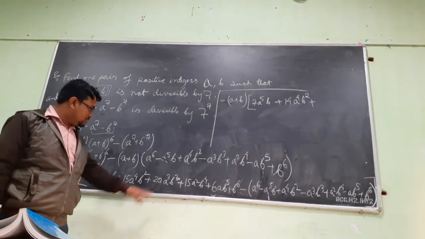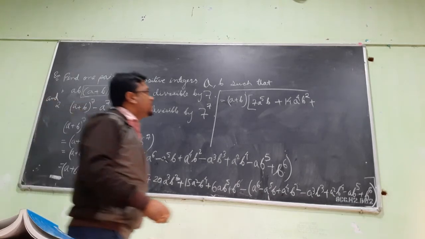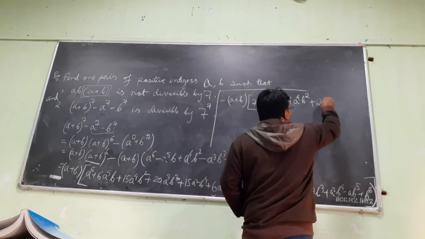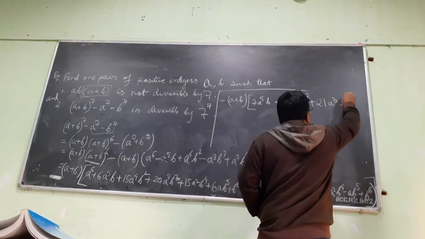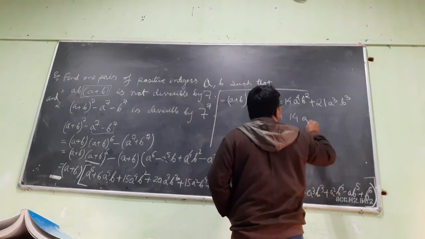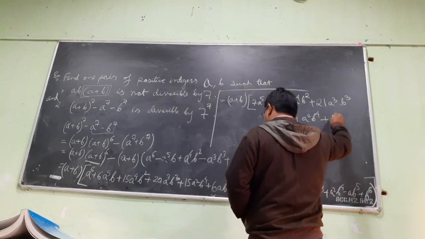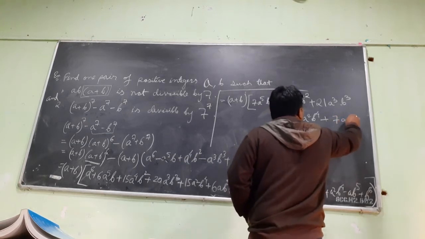Next is a cube b cube, so it is 21, and everything will be divisible by a cube b cube. Plus 14 a square b to the power 4 plus 7 a b to the power 5.